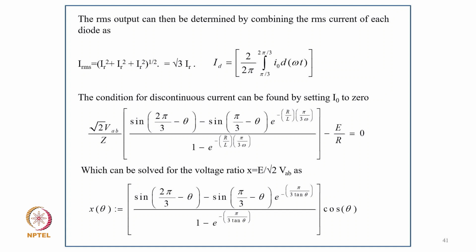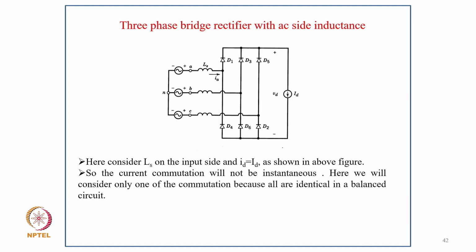So x(theta) equals (sin(2 pi by 3 minus theta) minus sin(pi by 3 minus theta) e to the power minus pi by 3 tan theta) divided by (1 minus e to the power minus pi by 3 tan theta) into cos theta.